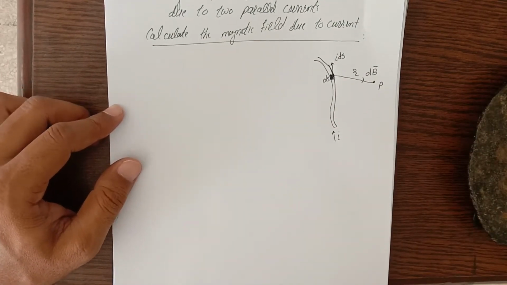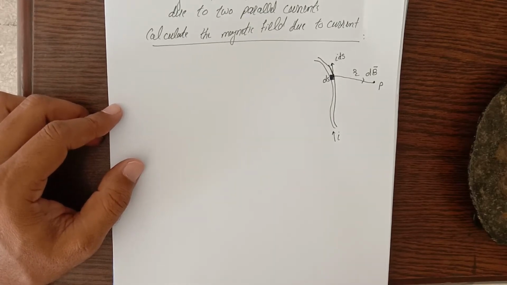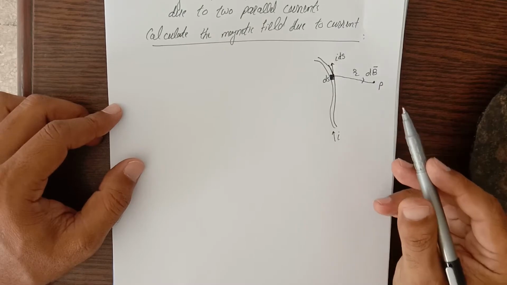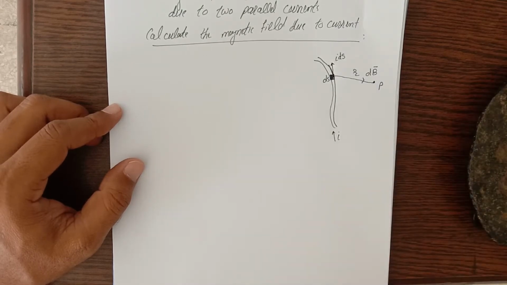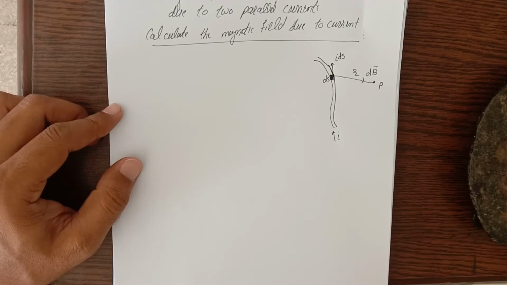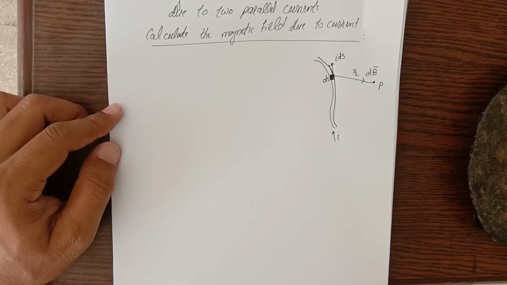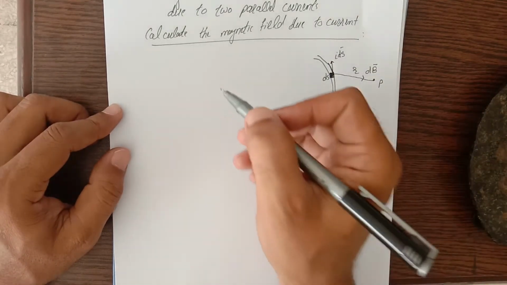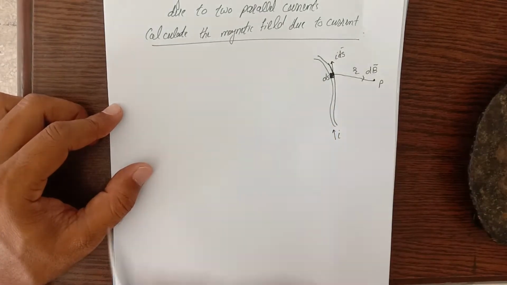Now, this was an easier task when we were calculating electric field, because they were represented by elements dq in scalar form. However, it's a complex process in case of magnetic field, as it takes on I ds, which is a vector quantity, right?